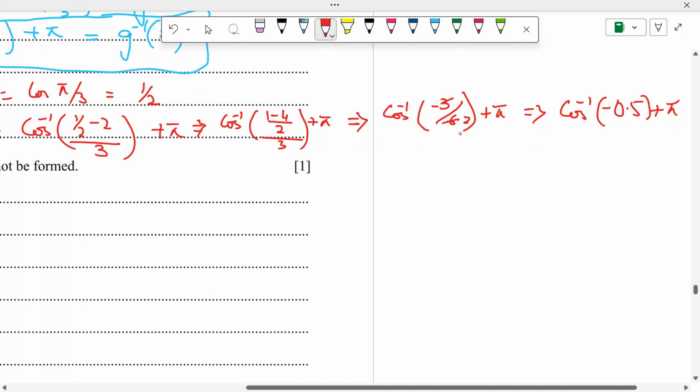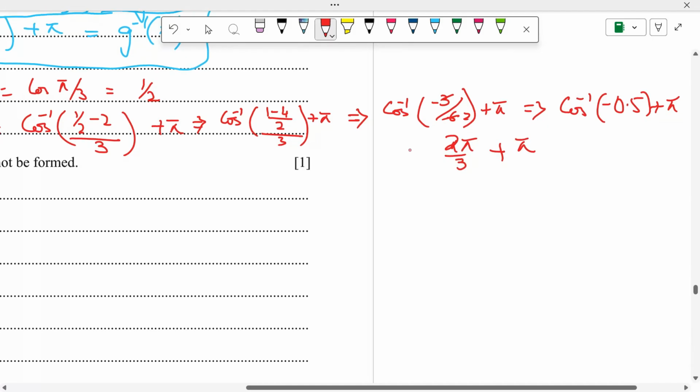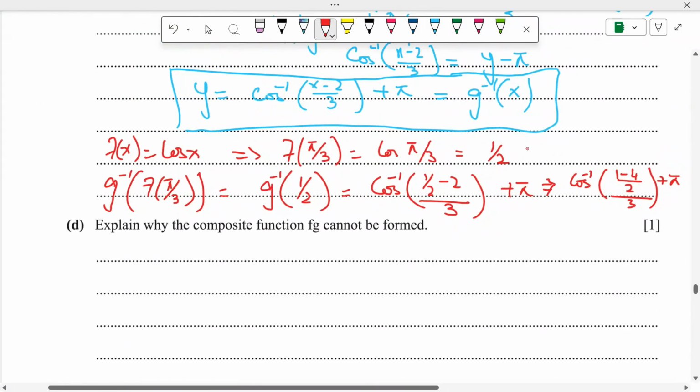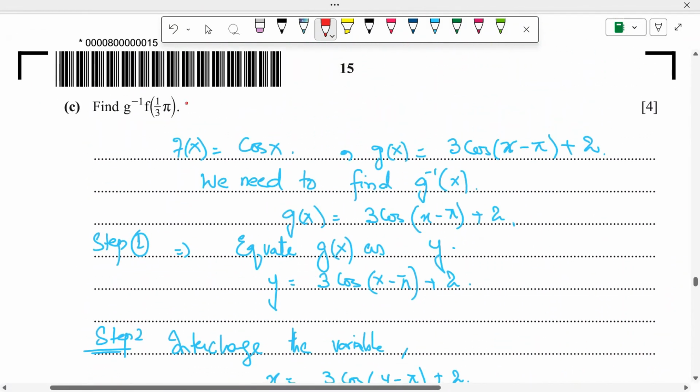Cos inverse of negative 0.5 is 120 degrees or 2 pi by 3, plus pi. So this one is equal to 5 pi over 3.